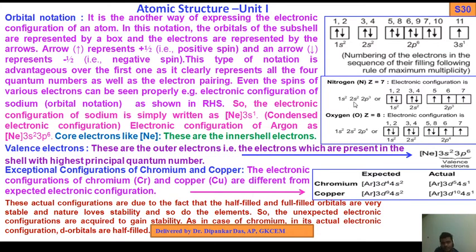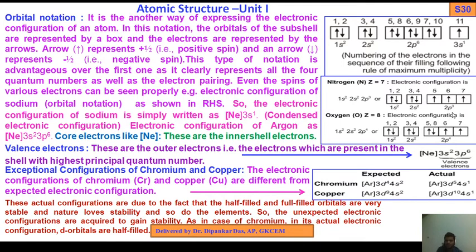So this is the SPD notation, with the power being the number of electrons, or you can write the orbital notation by drawing boxes: 1s2, 1 2, 2s2, 3 4, 2p3. So 1, 2, 3 singly first, that's why 5, 6, 7.